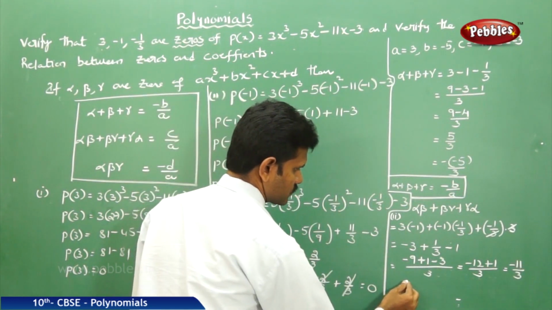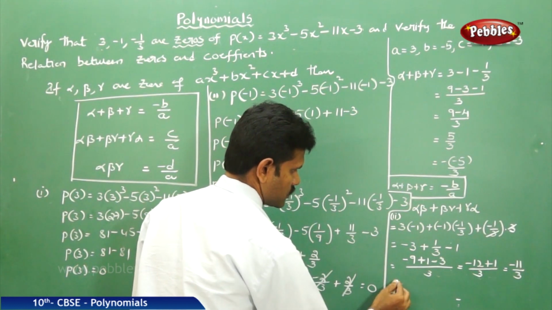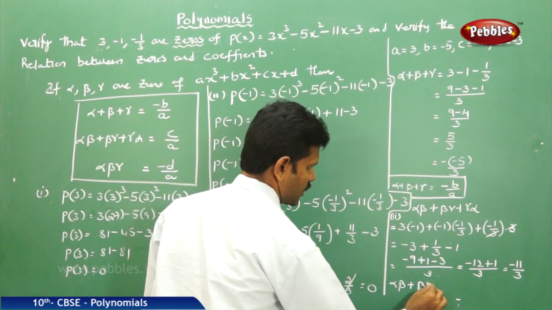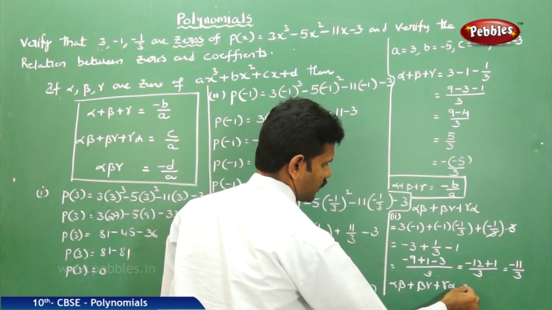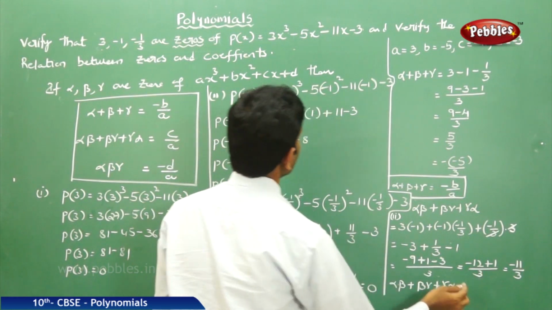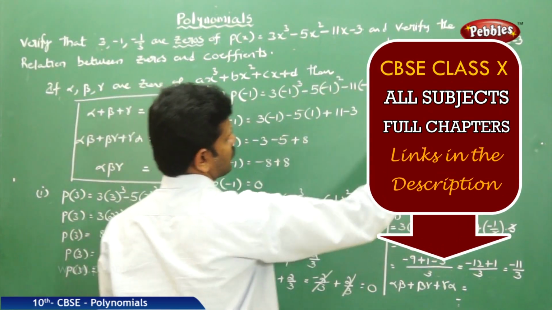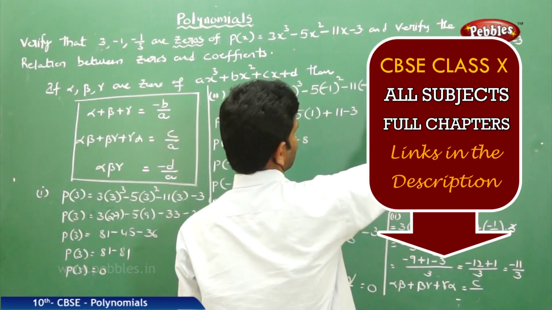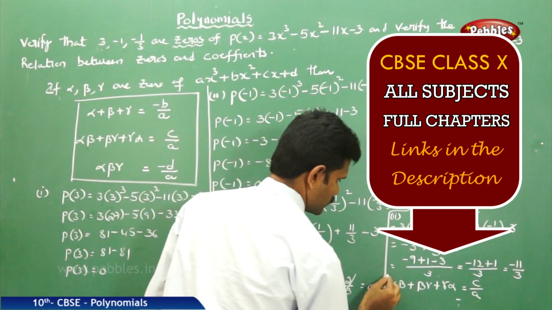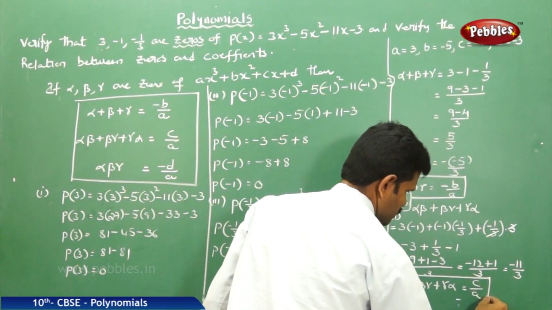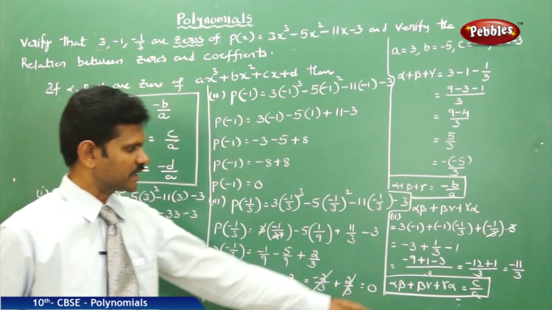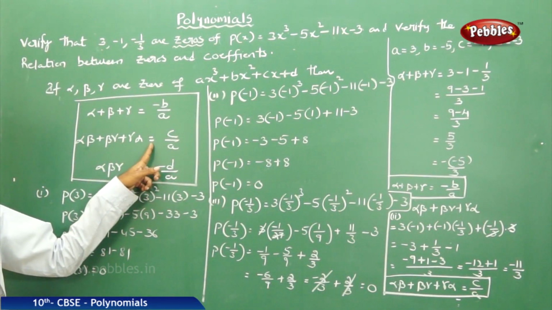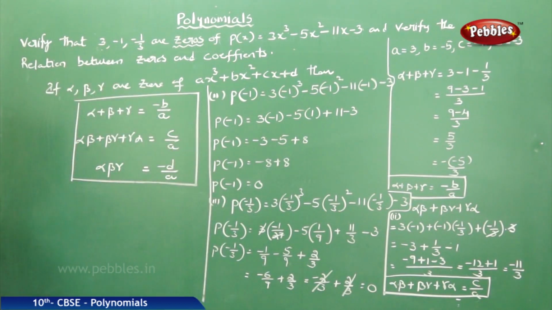Therefore, the answer: alpha beta plus beta gamma plus gamma alpha is equal to minus 11, nothing but c by 3, nothing but a. My second condition is also proved just now. Alpha beta plus beta gamma plus gamma alpha is equal to c by a. Second condition is also proved. Let's see the third case.